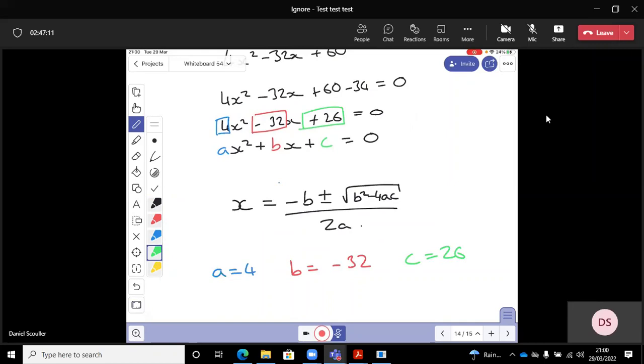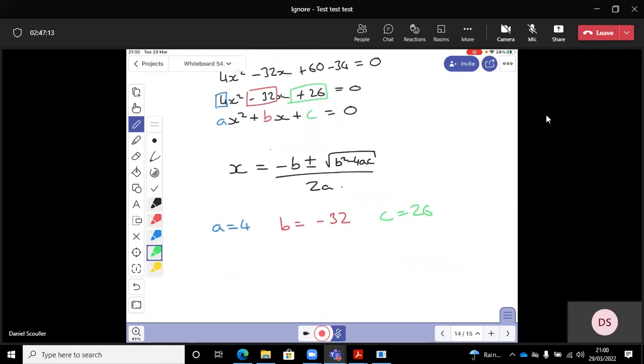You're substituting these letters in. Okay. X is equal to negative b. Well, b is negative 32. Negative and negative, that would become a positive.